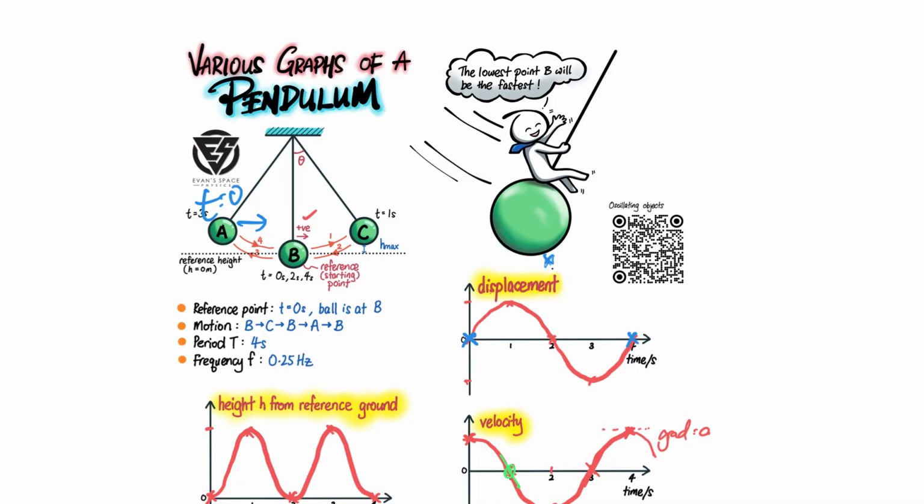So the graph will look like this at point C and then come back to here. So this is your A, this is your C, and this is back to your A. So your point B is somewhere around here at 1 second and point B is over here at 3 seconds. So the graph, as you can see, is rather different.